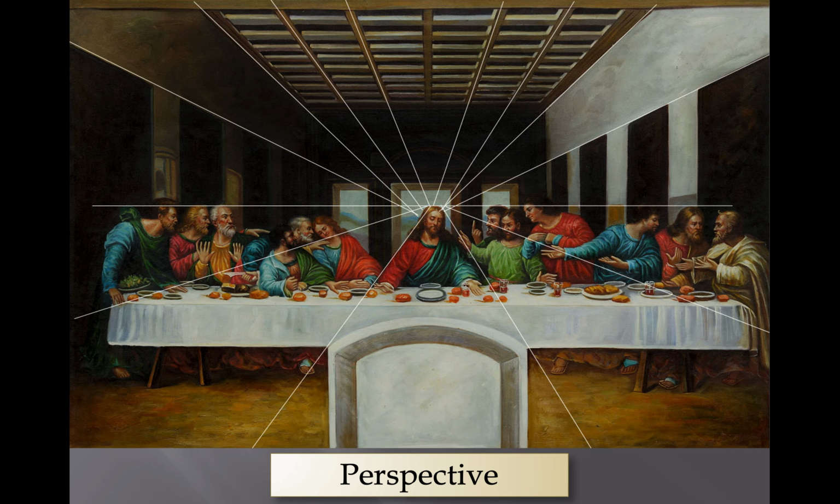There are 2 reasons for this. It gives a sense of 3-dimensional depth to the painting, and it also draws your eye very neatly towards the focal point that is Jesus's face, the portrait. So this is vanishing point perspective, when things get smaller when they are farther away.